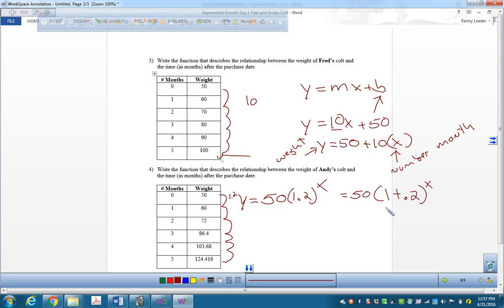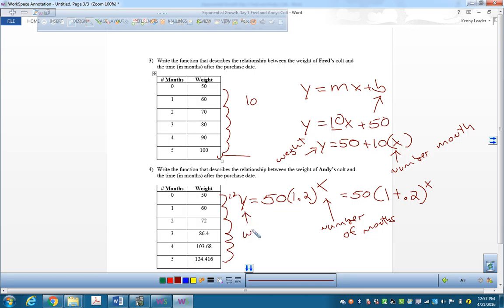Because it's 50 times 1 plus 0.2 times 50, which gives you my new value. Then I take that answer and raise it to the next monthly power. So this is the number of months.